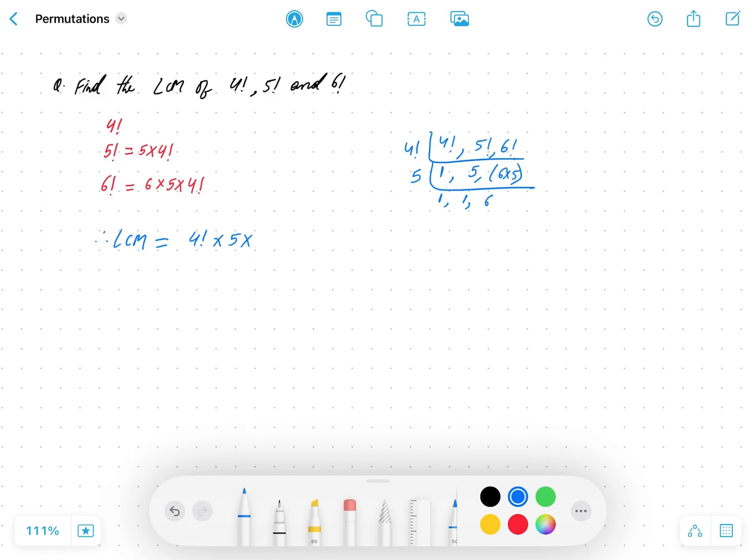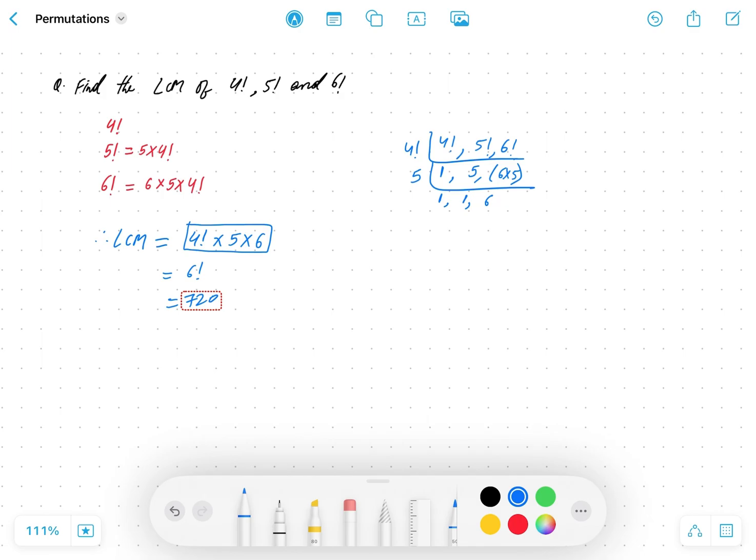So the LCM will be 4 factorial into 5 into 6. That means we are getting 6 factorial only, which is equal to 720.